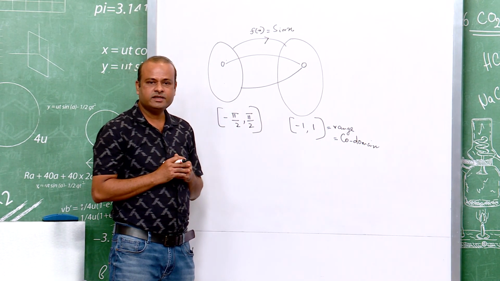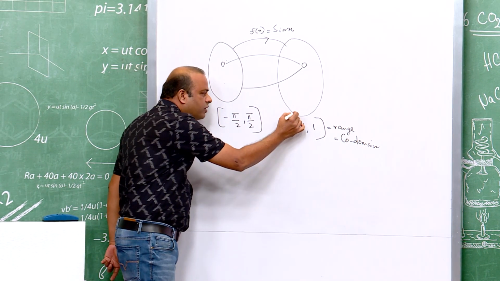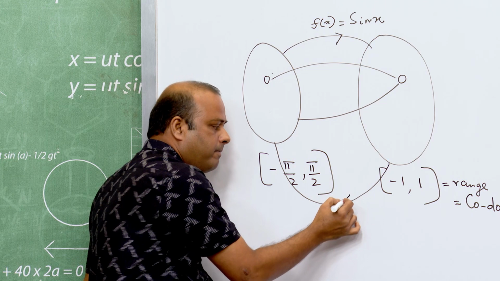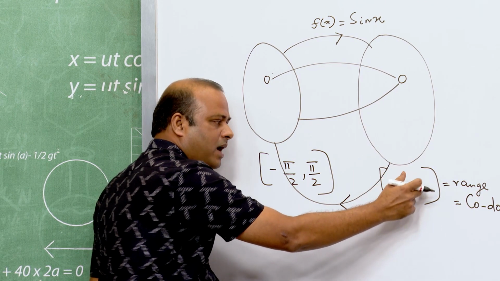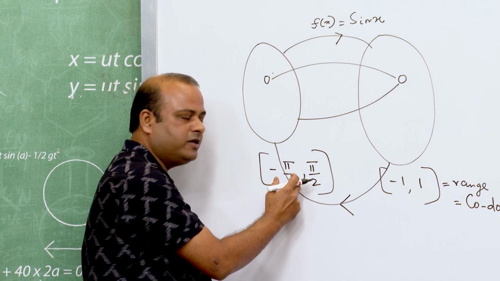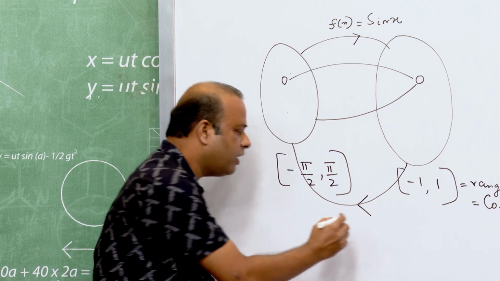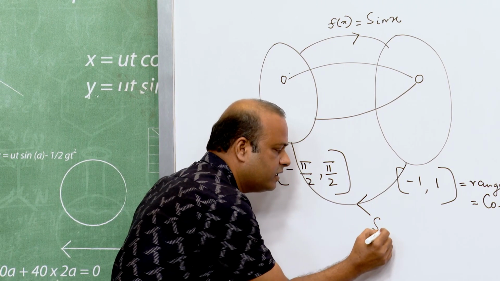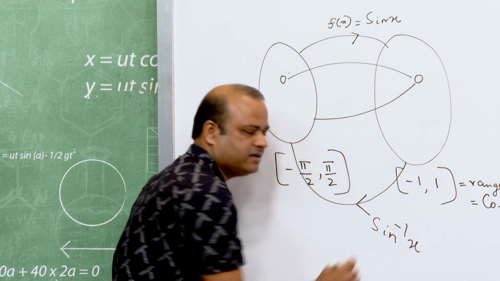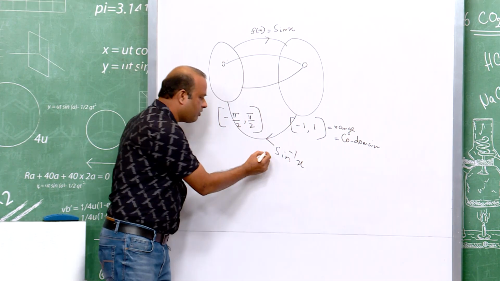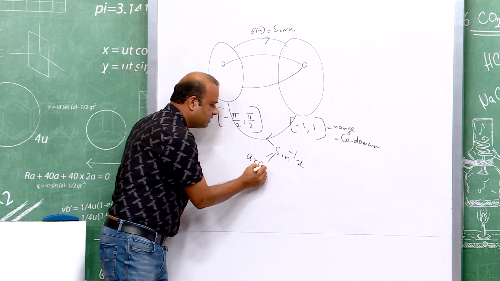Hence, the inverse exists. So, if the inverse exists, the inverse is now from the closed interval minus 1 to 1 to minus pi by 2 to pi by 2. Now, the inverse of the function sin x is called sin inverse x, and we may call it arc sin x.